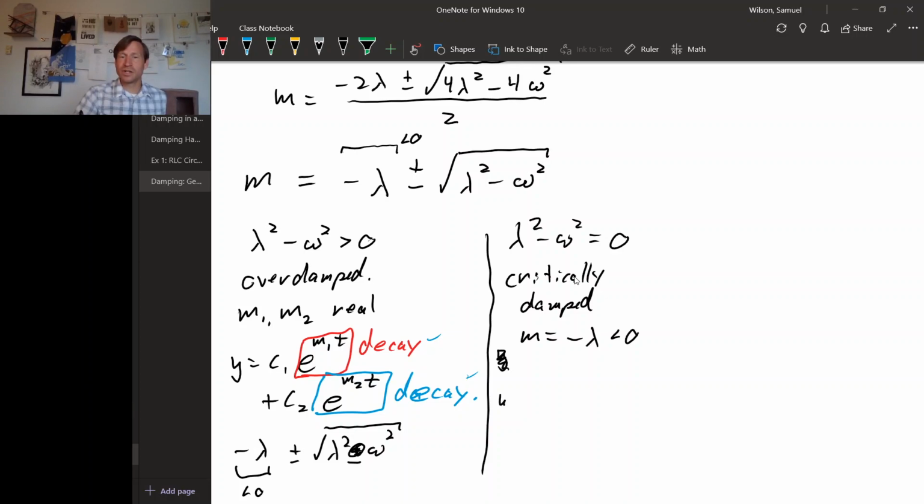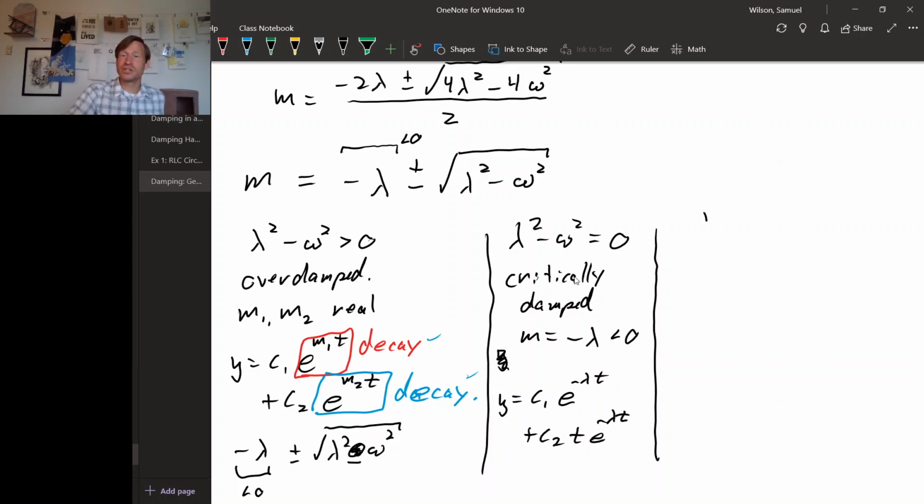And so in this situation, your solution looks like some constant times e to the minus lambda t plus some other constant times t e to the minus lambda t. And again, we get exponential decay, which makes sense. You can't get exponential growth because that means your mass would fly off to infinity, and we've seen that's impossible. Okay, so that's the critically damped situation.